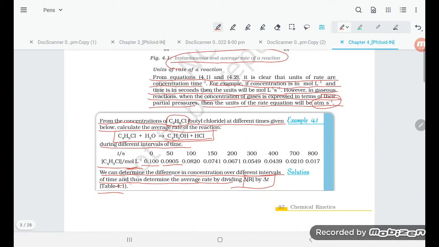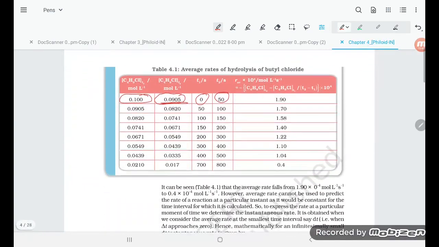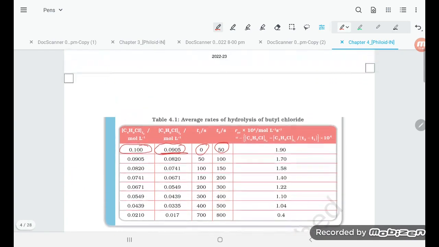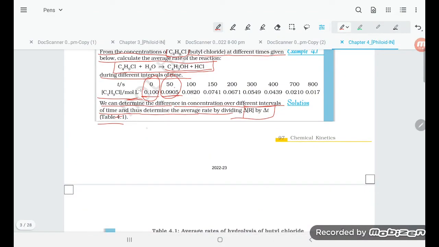So concentration T2 minus T1 and time T2 minus T1, with the negative sign. So let's put in the values: minus (0.0905 minus 0.100) upon (50 minus 0). Now try to solve this one.